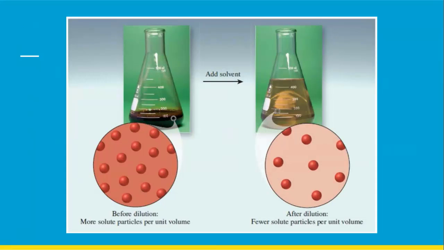This is a schematic of a dilution. Before the dilution, you have a very concentrated solution with a lot of solute particles per unit volume. Once you dilute it by adding water, or whatever other substance it is dissolved in, it becomes less concentrated. You'd have fewer solute particles per unit of volume.